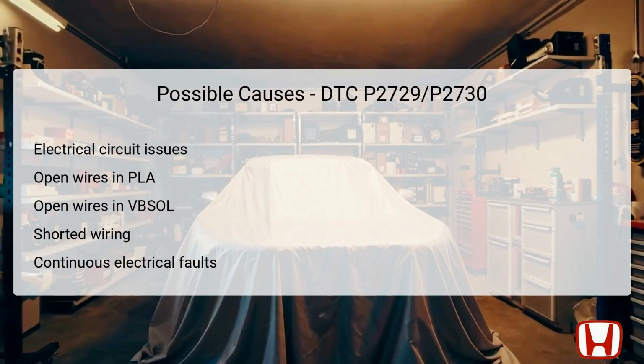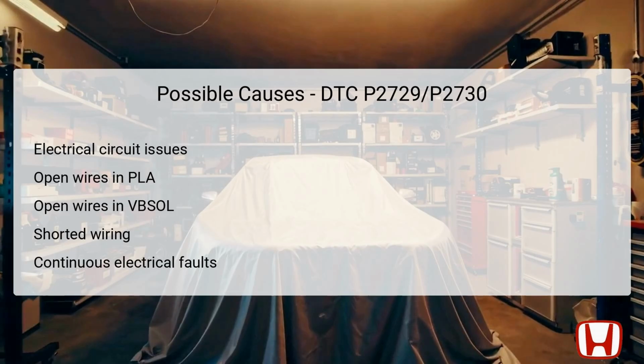One potential issue could be open wires in the pressure line A, PLA, or the variable bank solenoid, VBSOL lines. These wires may become broken or disconnected, interrupting the flow of electrical signals. Additionally, shorted wiring poses another serious concern, wherein wires may have made inadvertent contact with the vehicle's body ground, causing erroneous voltage readings.